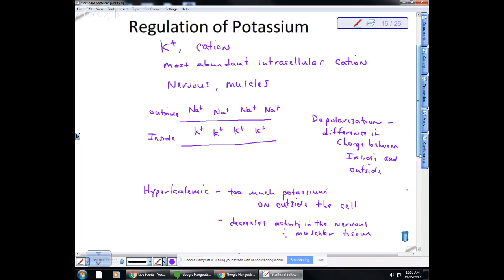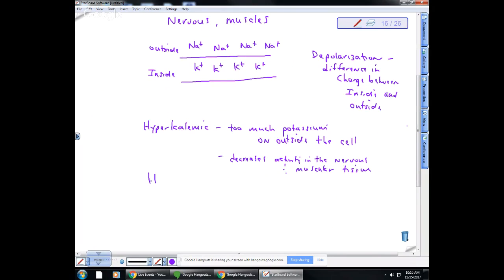Okay. So the opposite would be hypokalemic, where you have a potassium deficit. And so in this particular instance, this also causes a decrease in the nervous system.